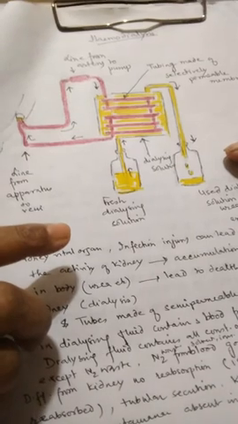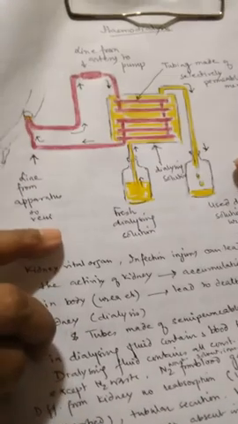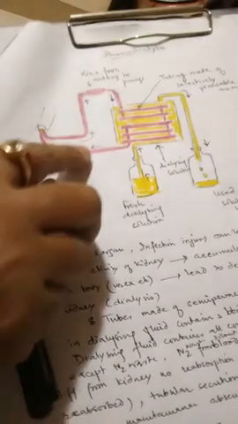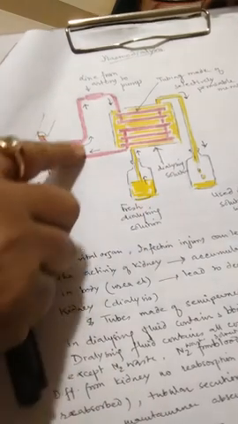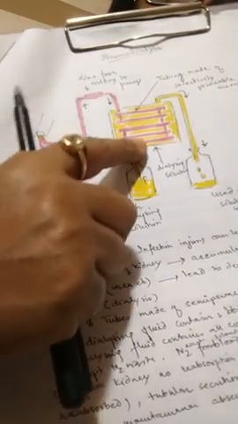To get rid of this toxic effect of reduced kidney functioning, the most used procedure is the artificial kidney, that is, dialysis.